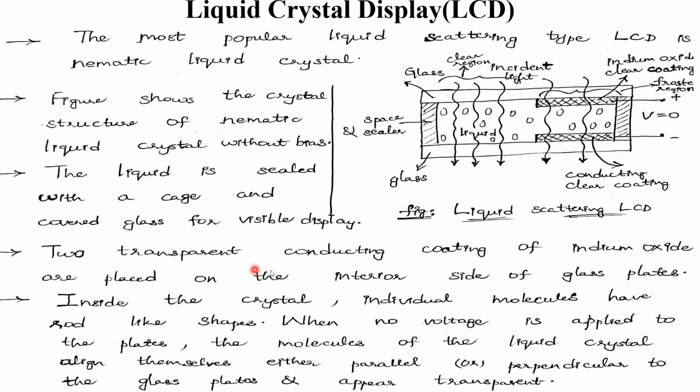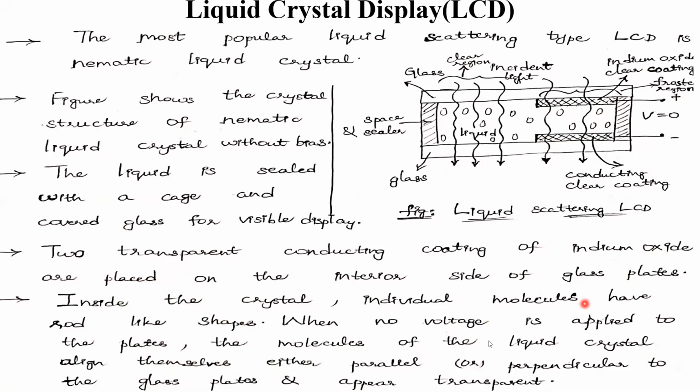Two transparent conducting coatings of indium oxide are placed on the interior side of the glass plates here.